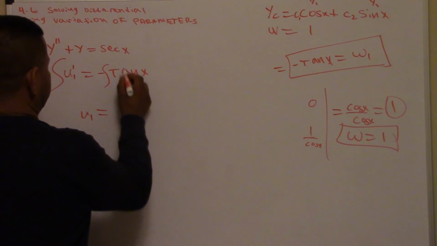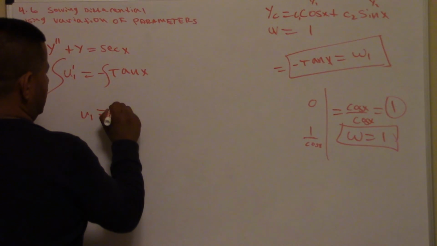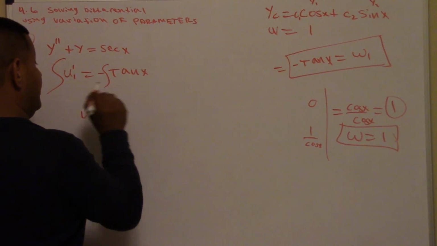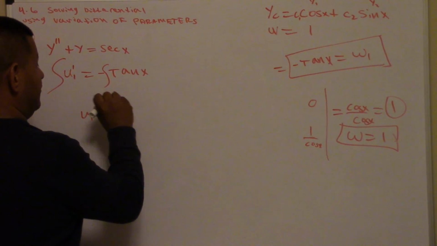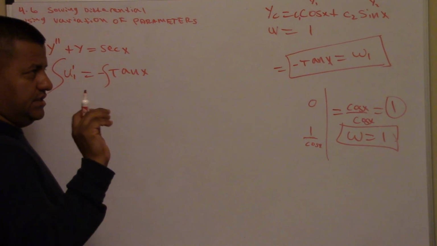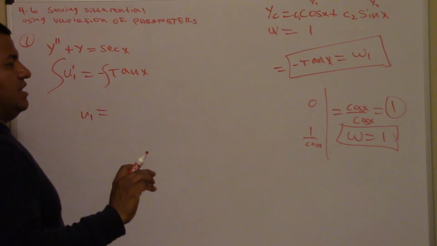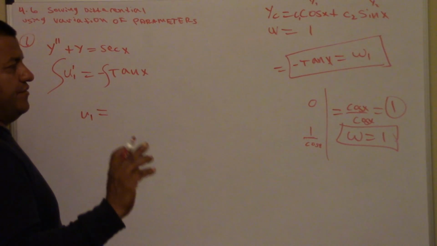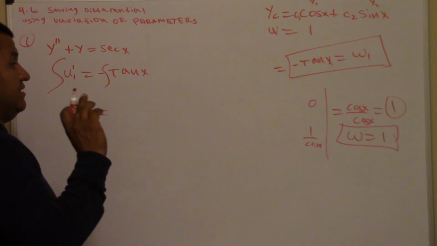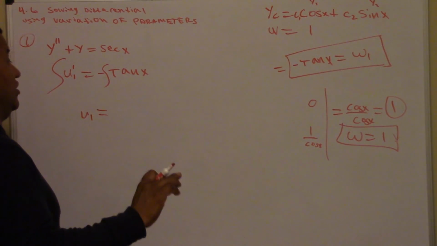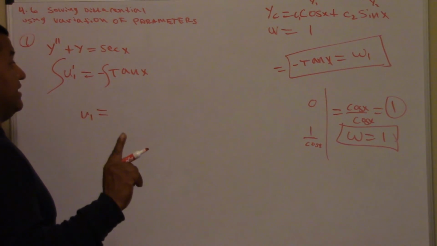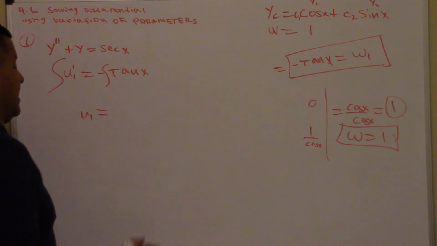And then the negative tangent of x becomes, remember that the integral of tangent is the negative ln of absolute value of cosine x, right?